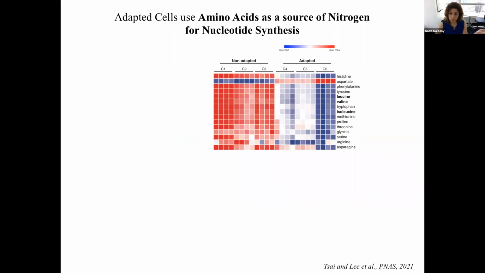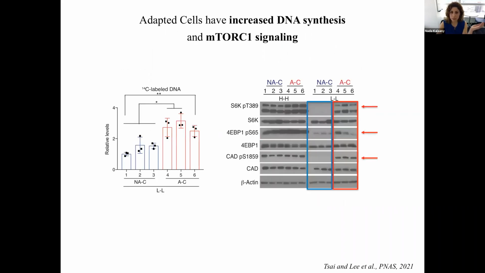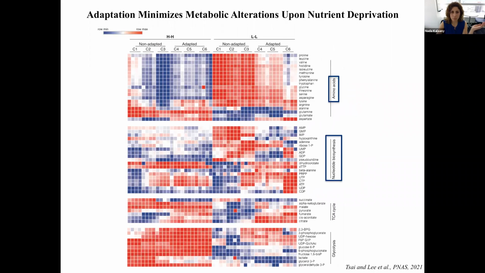Now that we talked about the nucleotides, I move towards the amino acids that I just mentioned. Like I just said, these levels, even though they were still higher, depend on how many groups you have, and you will see that the differences change. So here we're only comparing two groups, the non-adapted and adapted under low, whereas in my previous slide, I was showing 4 groups: high, low, non-adapted, adapted.